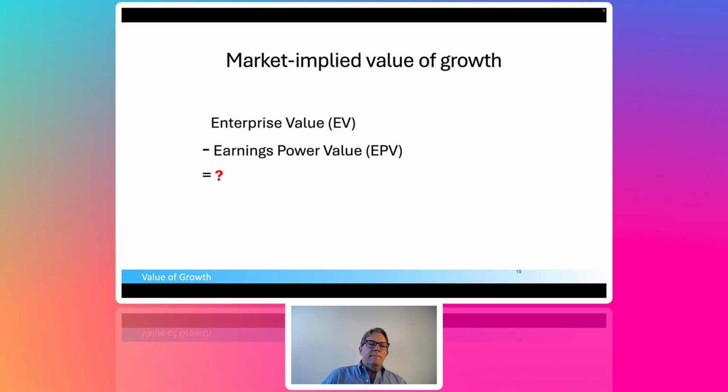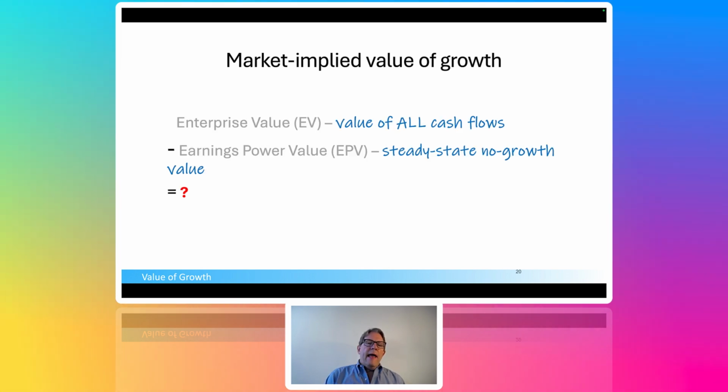All right, now if we take enterprise value, which is the present value of the market's estimate of all future cash flows, and we subtract from that earnings power value, what are we left with? Enterprise value is the market consensus estimate of all cash flows, and we're subtracting from that the steady state, no growth value.